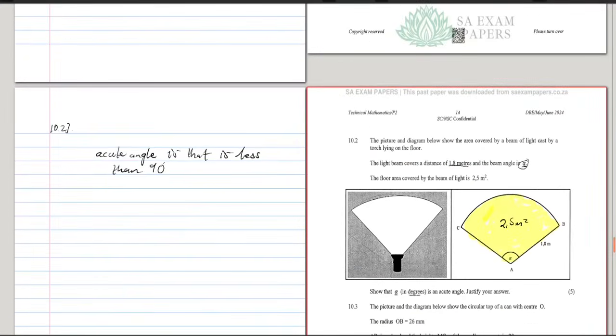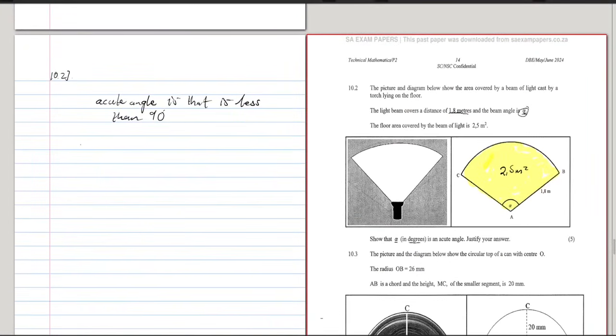So consulting the formula sheet again, area of a sector, that is in fact a sector. So area of a sector is this. I'm not gonna copy that. I just hope I remember the formula. So the area of a sector is equal to, what does it say? R squared, and then theta, that is the angle, divided by 2.